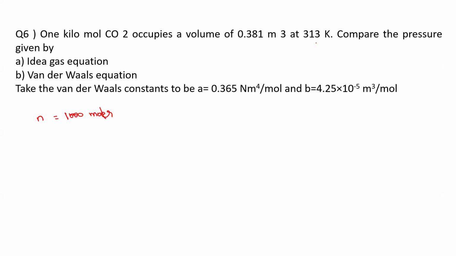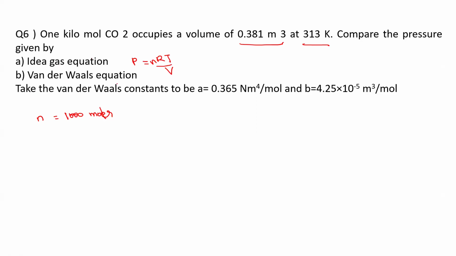Okay. Compare the pressure given by ideal gas equation. Ideal gas equation is P is equal to RT by V, so nRT by V. Okay. And because this volume is not molar volume, that's why we have to consider the number of moles also.